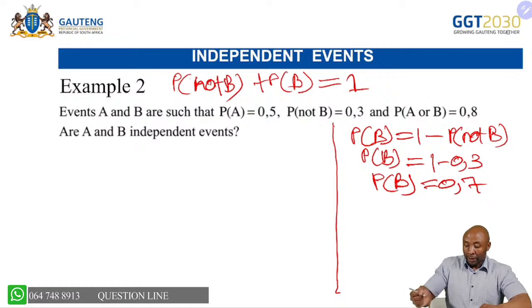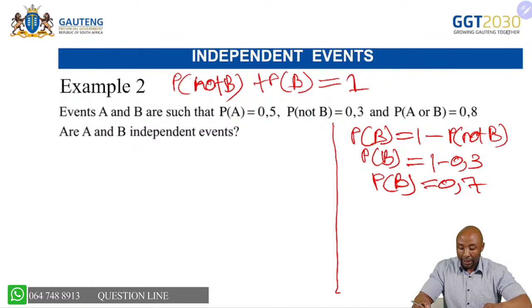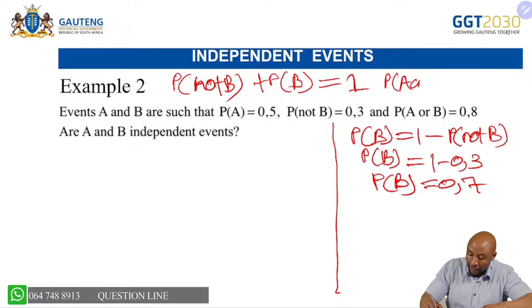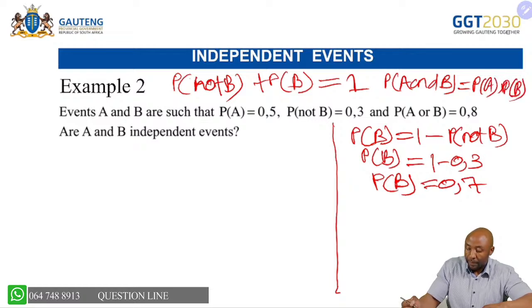Now, we want to check if the events are independent. If they are independent, the probability of A and B must be equal to the probability of A multiplied by the probability of B, using the product rule.